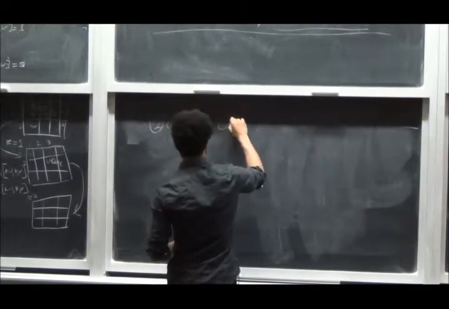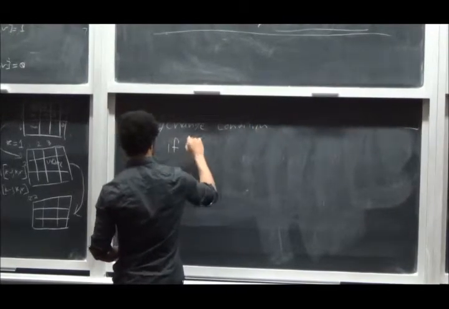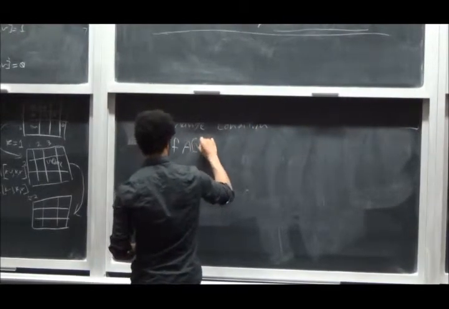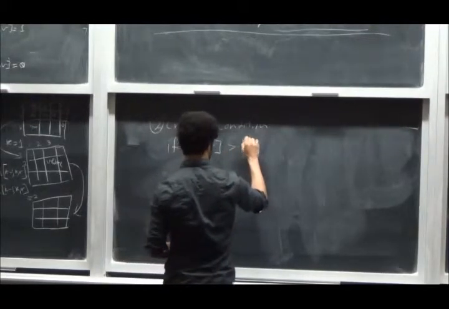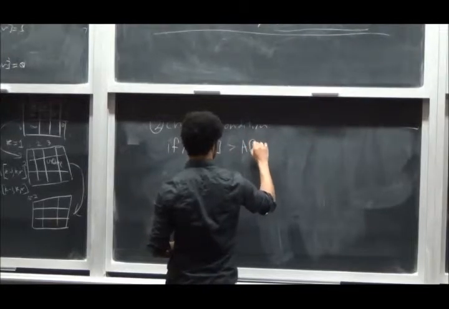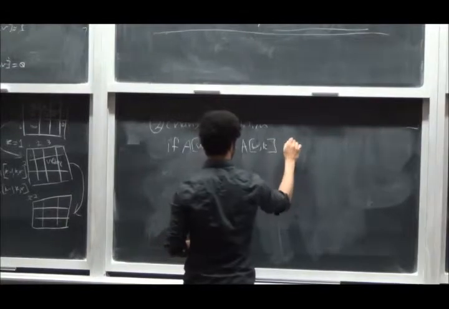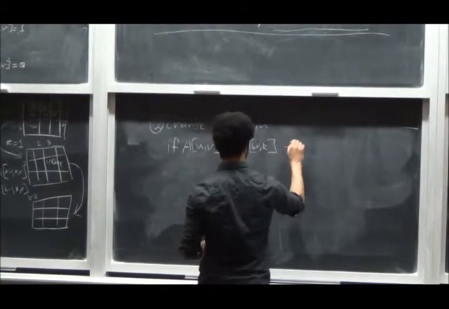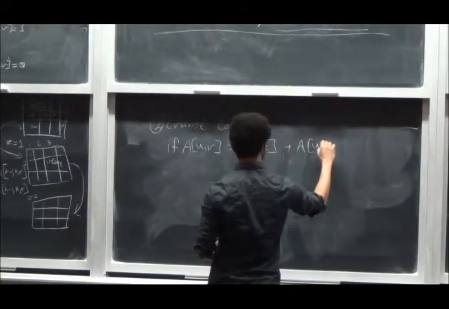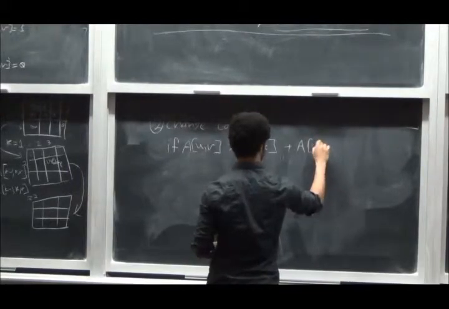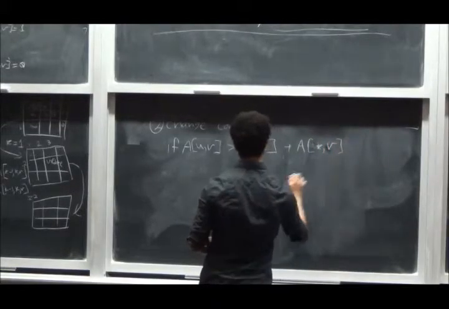Change condition. So we change our if A u v is greater than A k, k b.